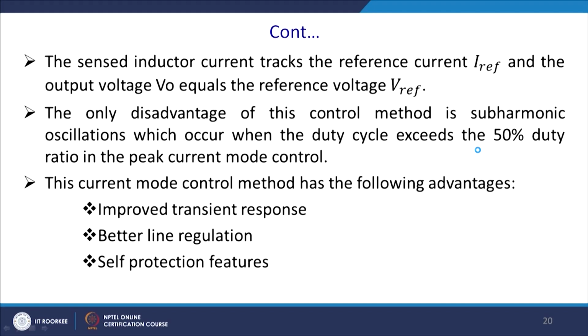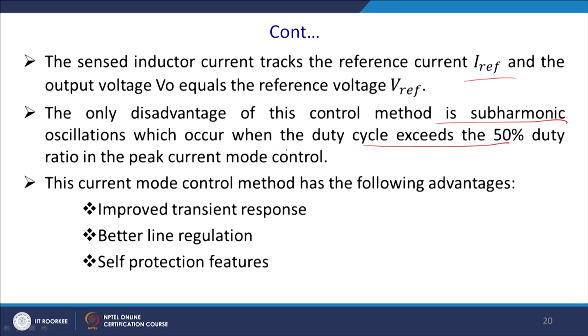The sensed inductor current tracks the reference current Iref, and the output voltage V0 equals the Vref. The only disadvantage of this control method is that subharmonic oscillations, chaos, and other nonlinear phenomena occur when the duty cycle exceeds 50% of the duty ratio in peak current mode control.